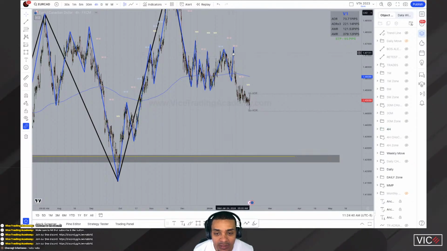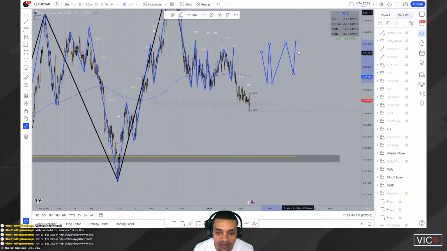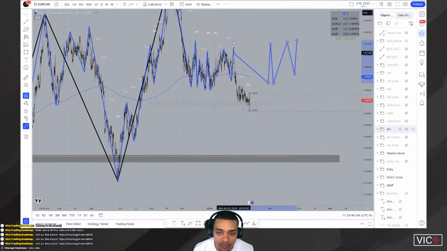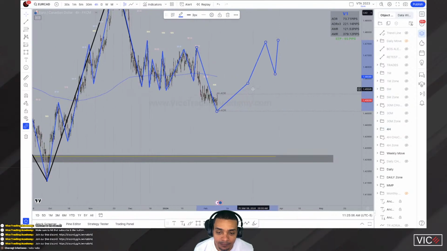There's really nothing to update, guys, because it's just so much. We haven't had an anchor yet, and the price is returning up. We can see the price is just moving down in a zigzag. Price is just lower low, lower high, lower low, lower high the whole time. This is just part of the same move.